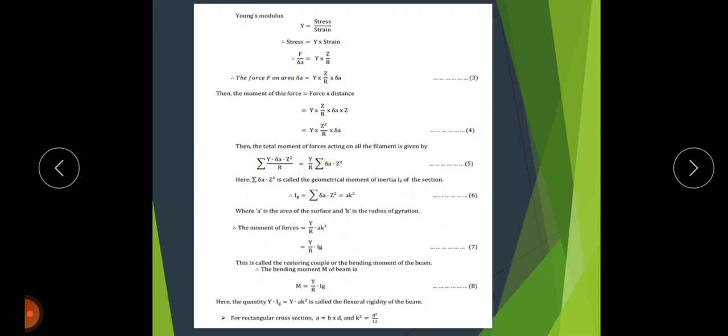The remaining term is the summation of delta A into Z square, where delta A is the small area and Z is the distance from the neutral axis of each and every filament in the beam. That is taken as equation number 5.